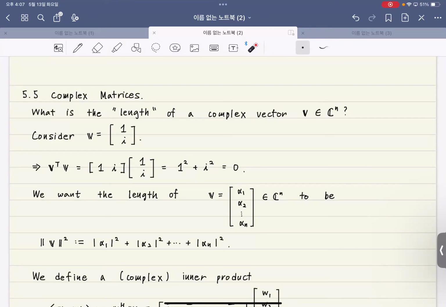I want my length of a vector to be something more like this. Suppose that this is my n-dimensional complex vector consisting of alpha 1 to alpha n, where alpha 1 to alpha n are all complex numbers. I require my length squared to be the magnitude of alpha 1 squared plus the magnitude of alpha 2 squared up to alpha n squared. So what is the magnitude of a complex number? Do you know how to compute the magnitude of any single complex number?